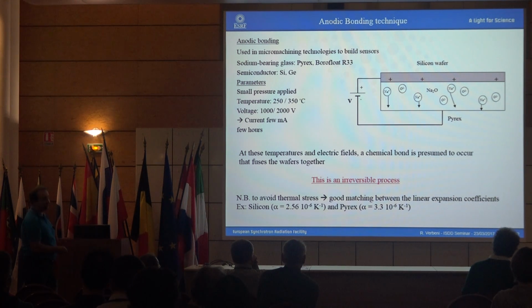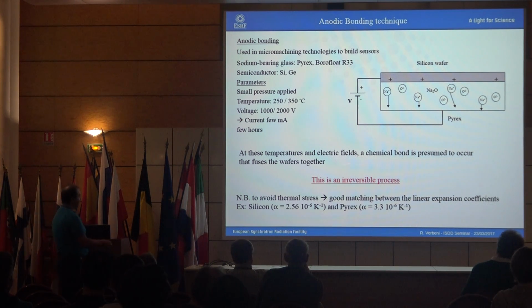So at the beginning you have an electrostatic bond. After a while you have a real fusion between the two wafers. This is a very, very strong bonding, and very nice. It's an irreversible process. There's no way you can separate the wafers again.